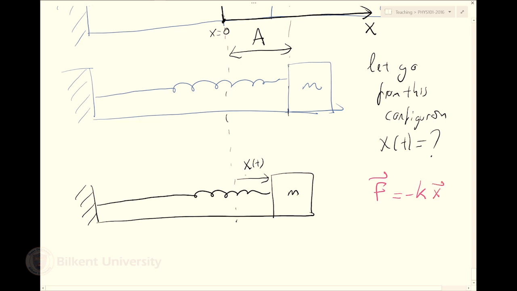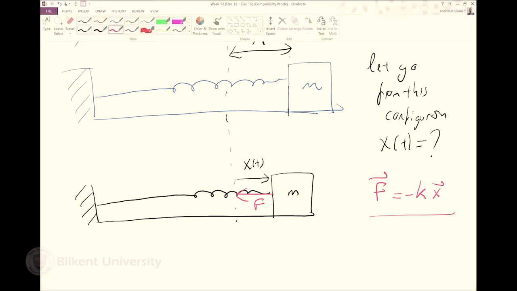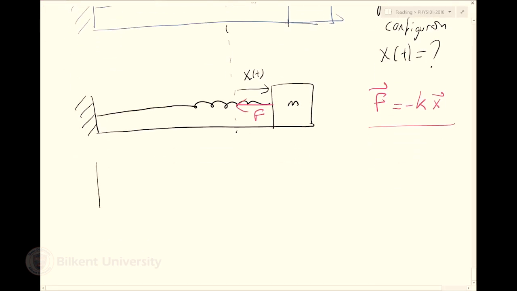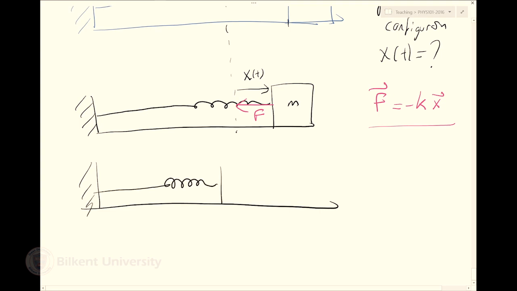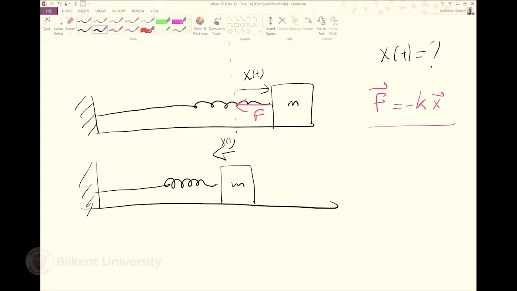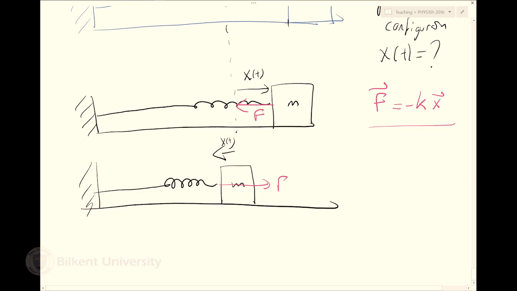Why do I have the minus sign? Because if I increase x, the force is trying to pull it back to the equilibrium point. And this relation works when x is negative too. When the spring is compressed, if x of t is negative, then my force is in the opposite direction.